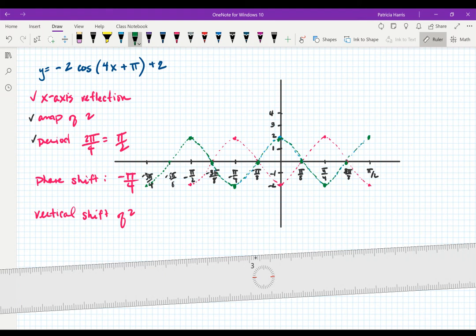Okay, since we phase shifted now we get to move up. We move everybody up 2. Okay, this should be our final transformation. So if you're at -2, you move up to 0. If you're at 0, you move up to 2. If you're at 2, you move up to 4.